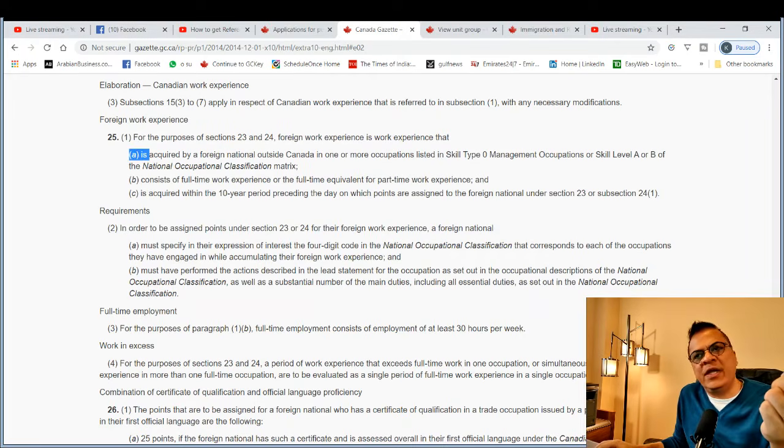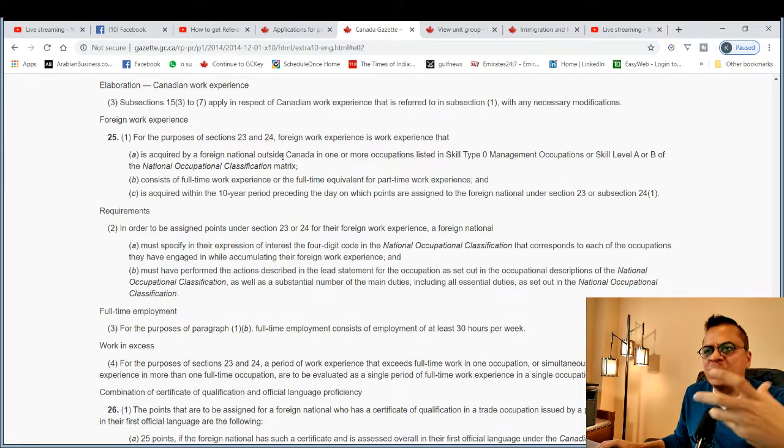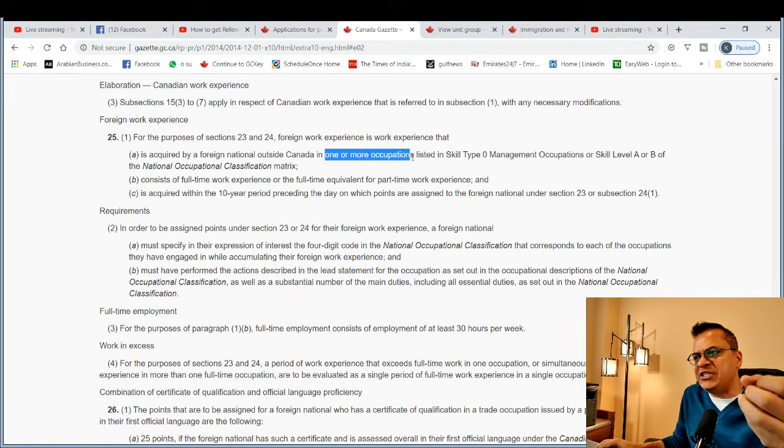So section A: this work experience is acquired by a foreign national outside Canada in one or more occupations. When it says one or more occupations, that tells you that you can claim points for multiple NOCs and multiple periods of work, and combine them.